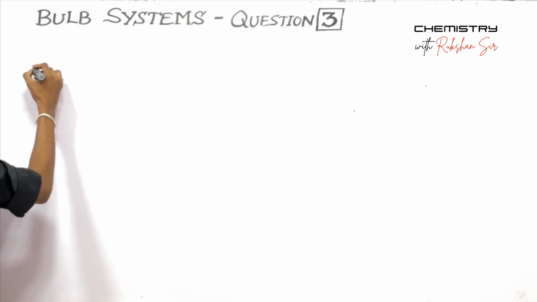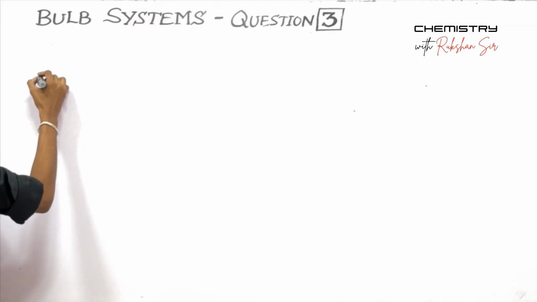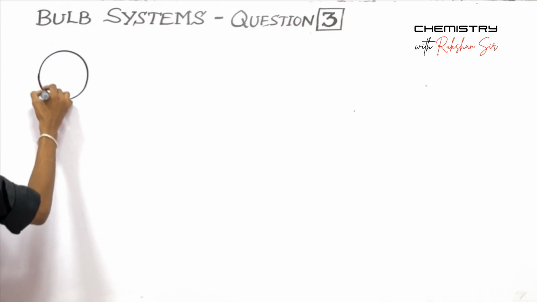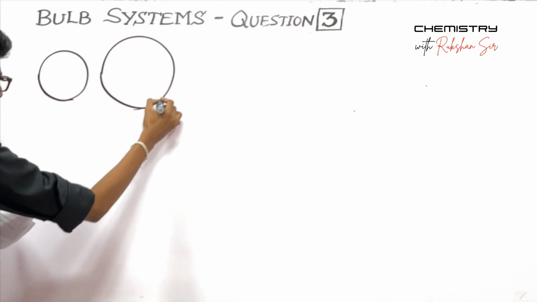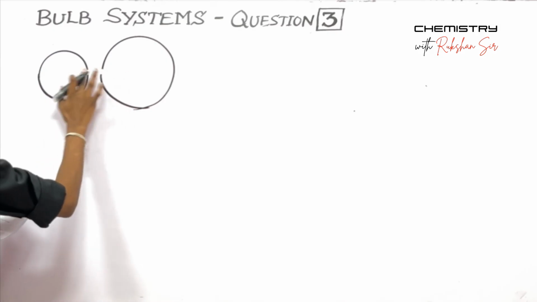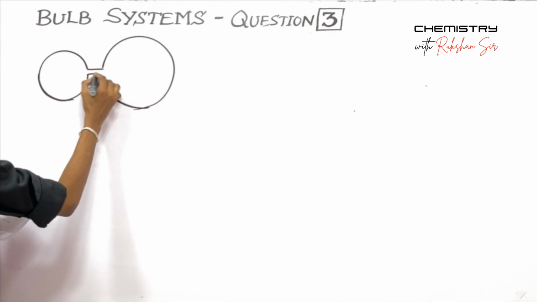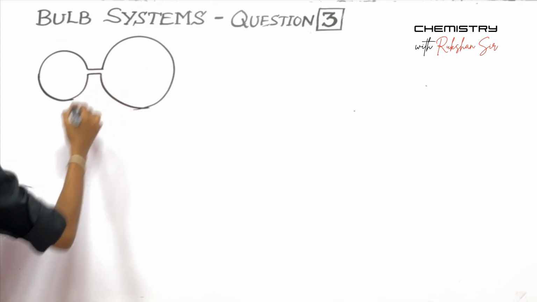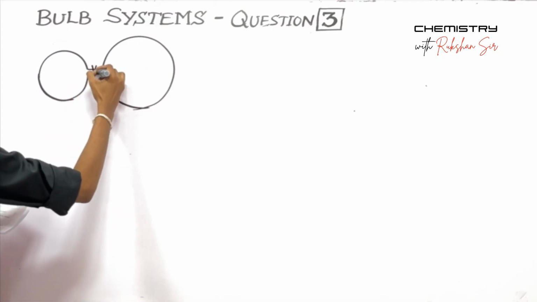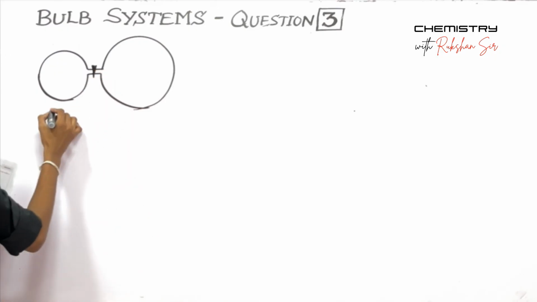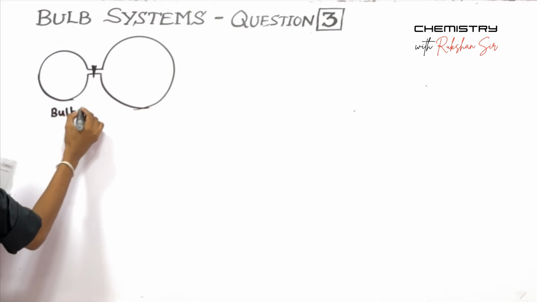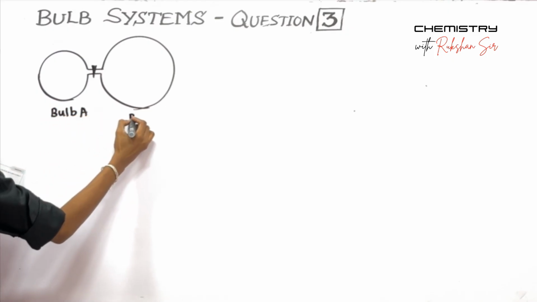So you have a small bulb and a large bulb, connected with a tube of negligible volume, and the valve is closed at the beginning. You have bulb A here and bulb B here.